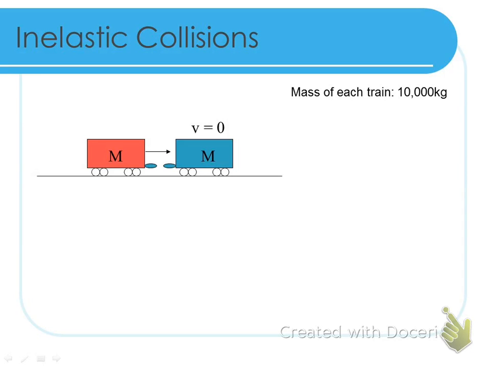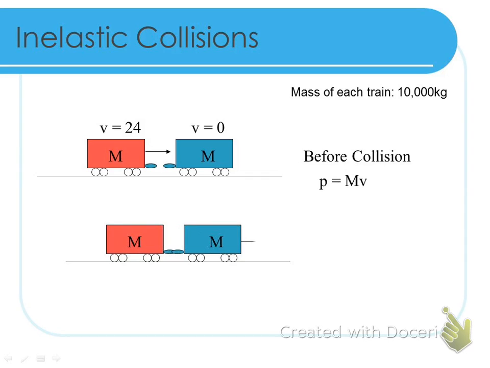Our blue car starts at rest. Our red car has a velocity of 24 meters per second. That's what our picture looks like before the collision. After our collision, we've got them joined together as one object, and they're going to continue moving in the rightward direction.